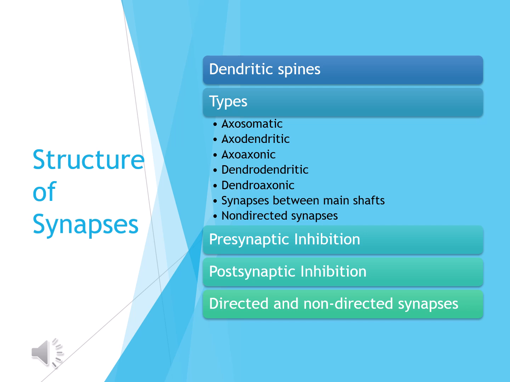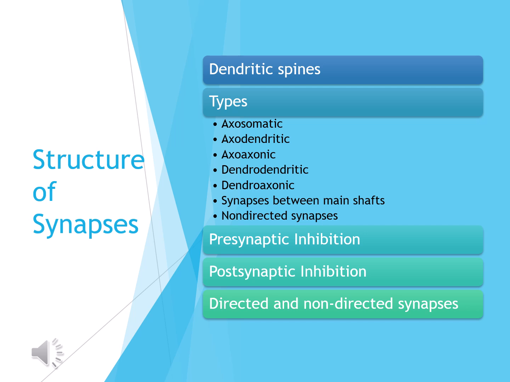Some synapses occur on little buds on dendrites. These buds are called dendritic spines, and other dendritic synapses occur right on the dendrite shaft. So in addition to the axosomatic and the axodendritic synapses, we have the axoaxonic synapse, the dendrodendritic synapse, and the dendroaxonic synapse.